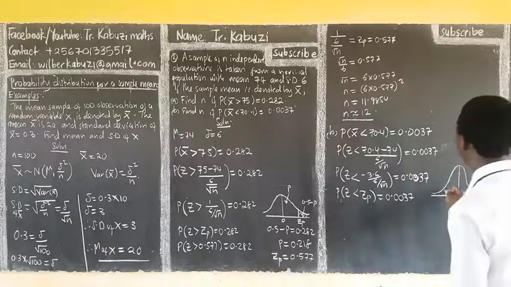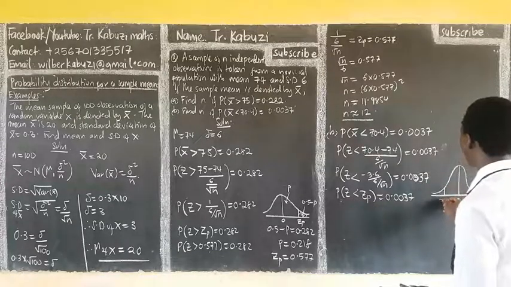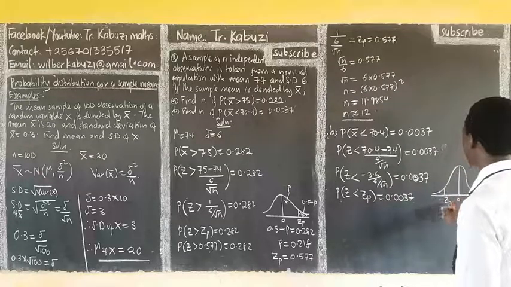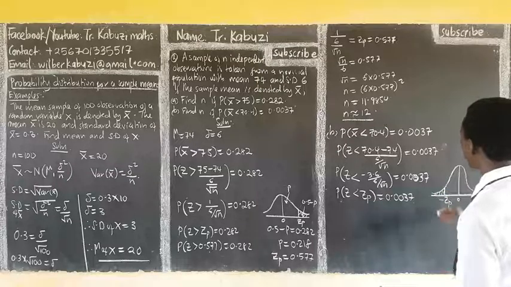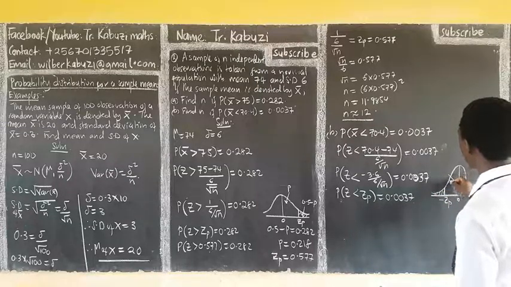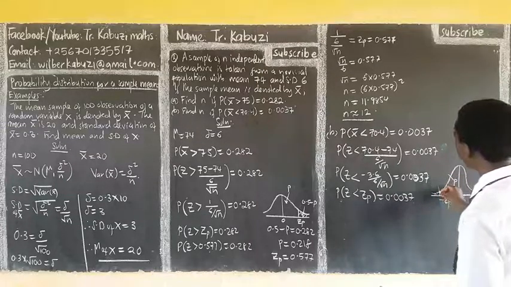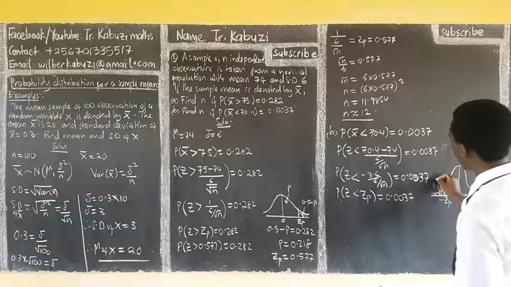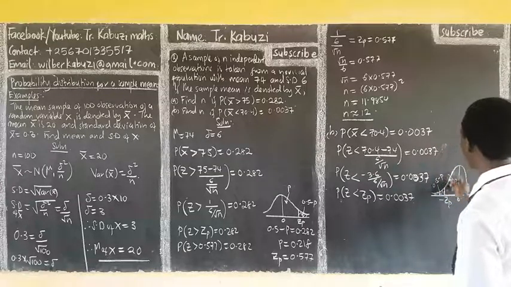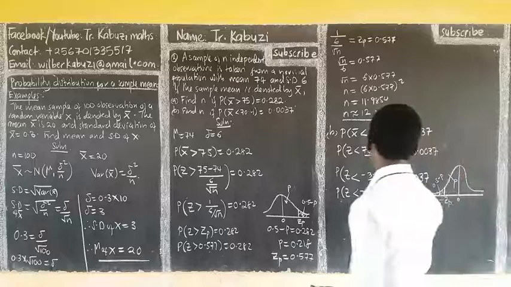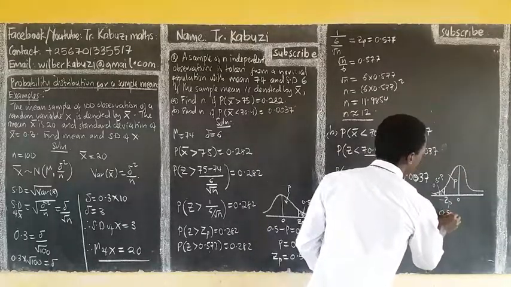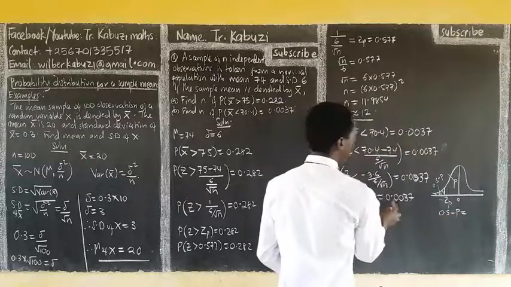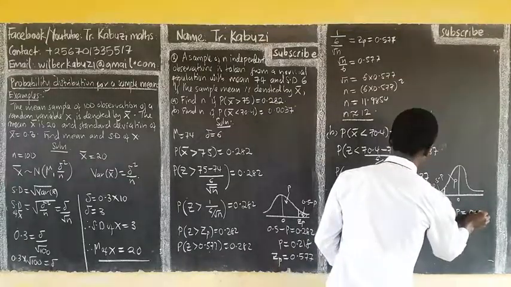But if it's less, it means the value we are looking for is in the negative. That's the interpretation. Now remember, this is P, then this one is going to be 0.5 minus P, because we said all of this is 0.5.